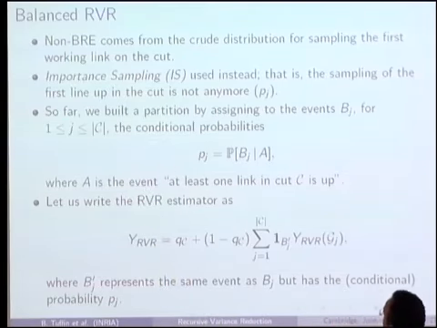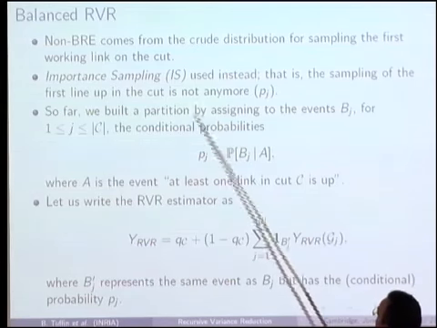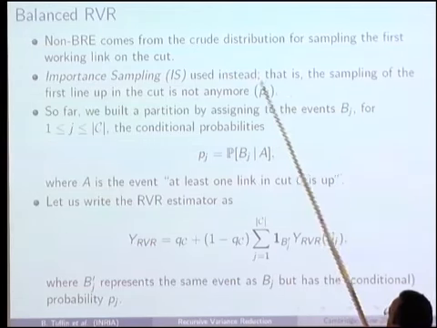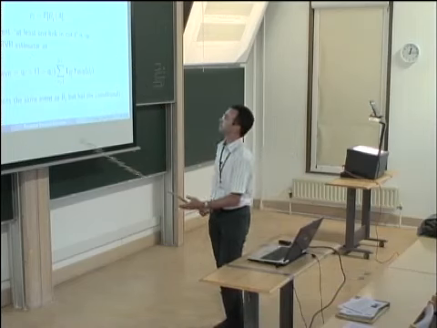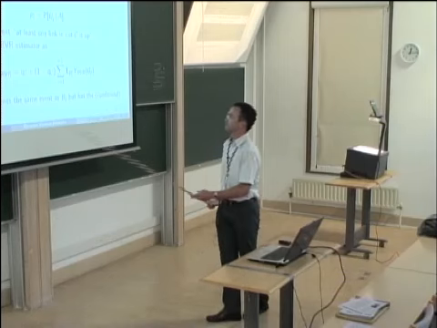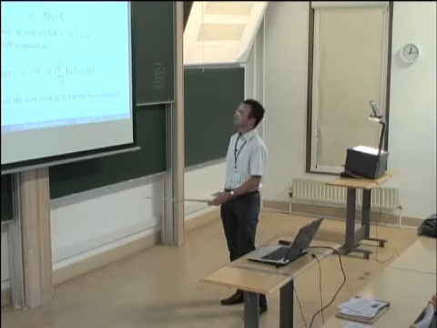So using importance sampling, we just want to replace the given values of pj's by new probabilities, pj that we call pj tilde.